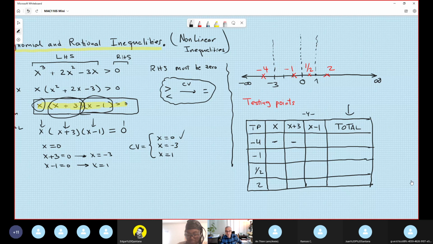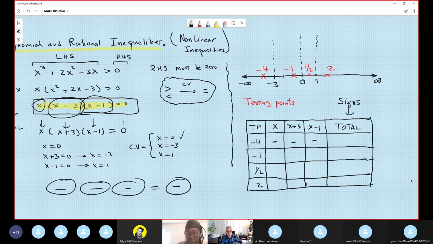It's negative. We have 3 negatives. And remember, the total sign is obtained by multiplication. You have 3 factors. It's obvious that the total sign is negative, because negative times negative is positive, and positive times negative again is negative. So I put negative and circle it because it's the important column.